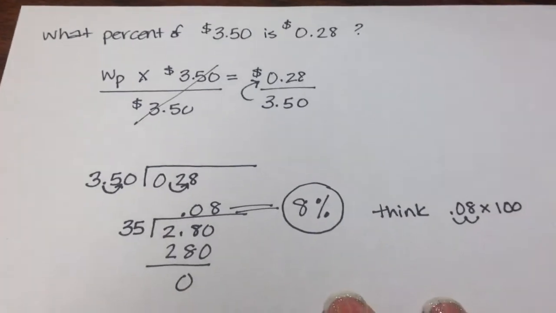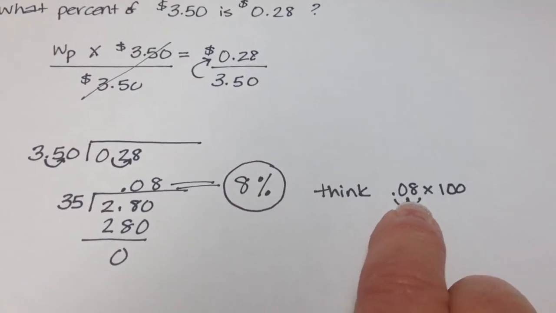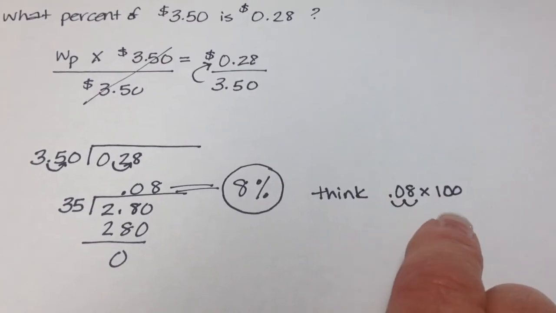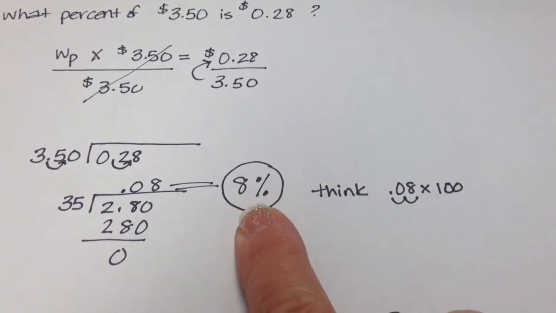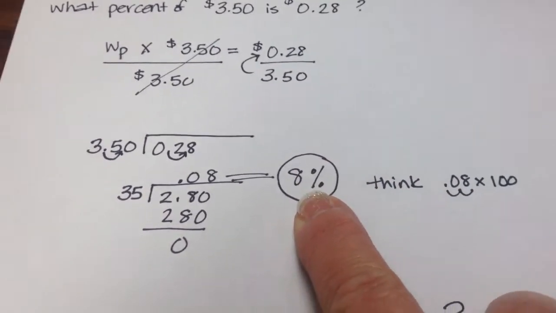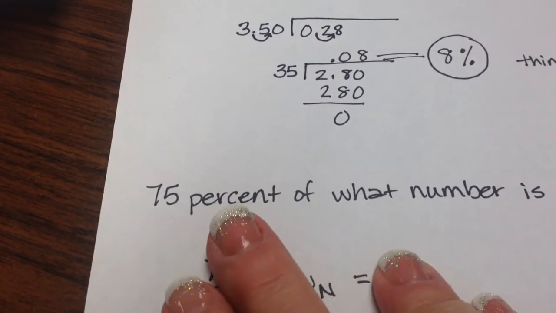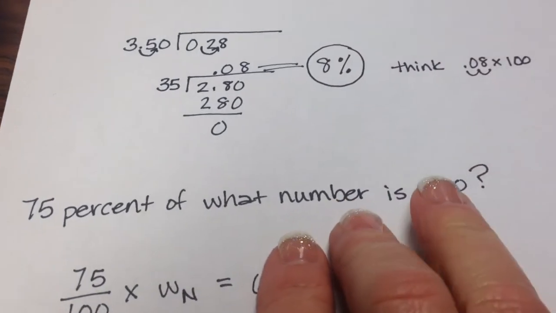But it needs percent, right? So you're going to think of that 0.08 times 100. Well, what happens to that decimal? It goes to the right 2 places. Zip, zip, 8%.